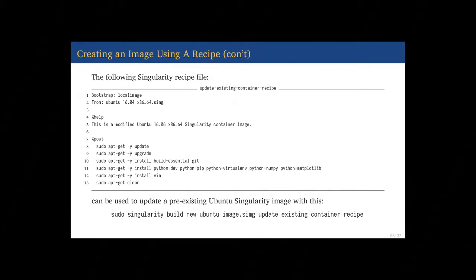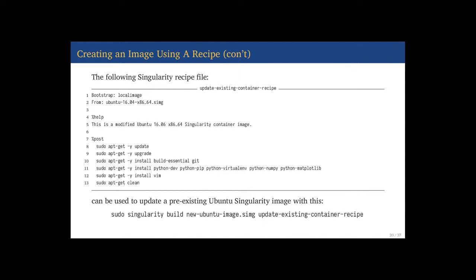Because I put sudo, it will run them as root in the image, install everything necessary, and when it's done, it will take that whole directory and make it into a new image. And that file is named immediately after the build command, as I said before. So new-ubuntu-image.simg will be the final result. If any errors occur along the way, that new file is not made; it's aborted.